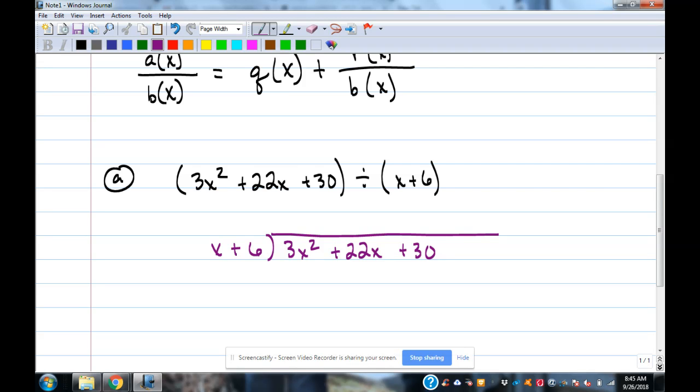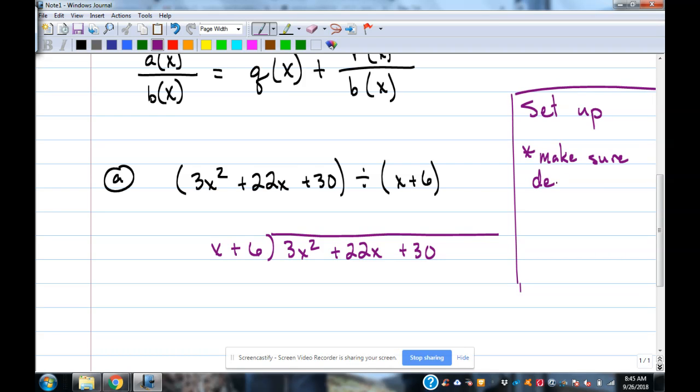So I'll put over here, setup. Important things about setup. Make sure it's in descending order.